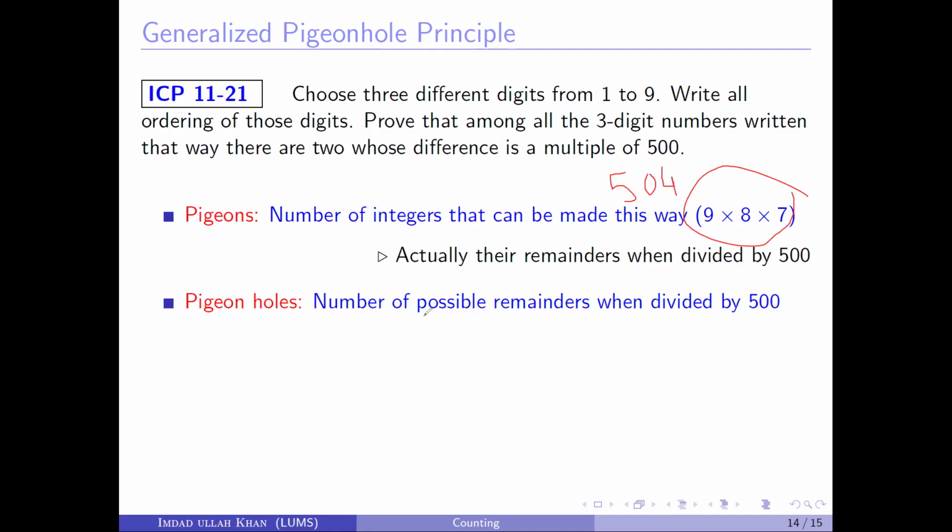And the number of possible remainders when divided by 500 are the pigeonholes. So when we divide any number over 500, the possible remainders are from 0 to 499. So the number of remainders is 500.